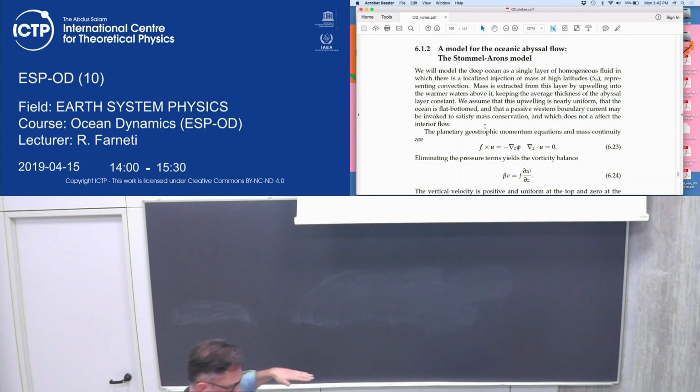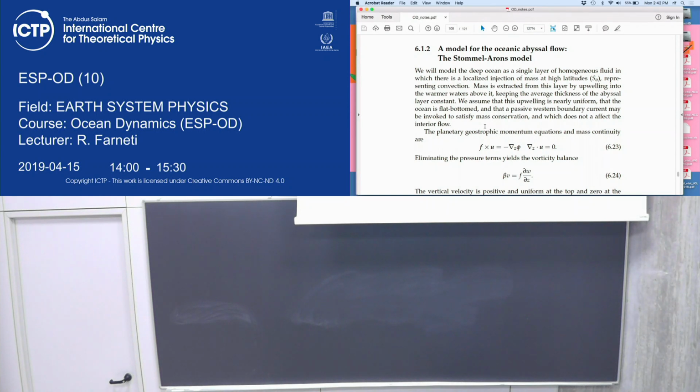And so the thickness of this bottom layer is a constant h. Okay, so there is a balance between the water that sinks to the bottom and the water that is upwelled to the surface. So you have a constant surface layer where the wind-driven gyres are, and a constant bottom layer where you have the abyssal circulation.